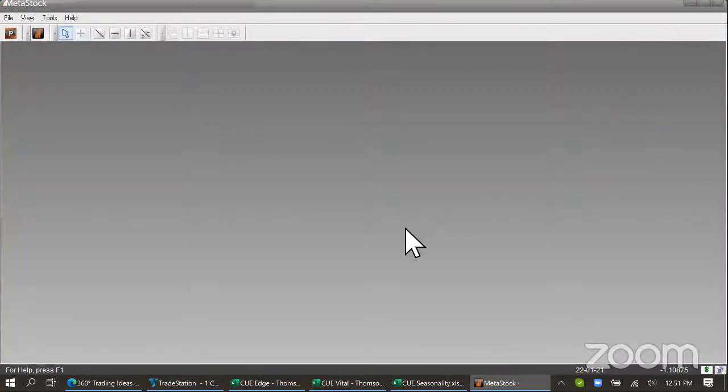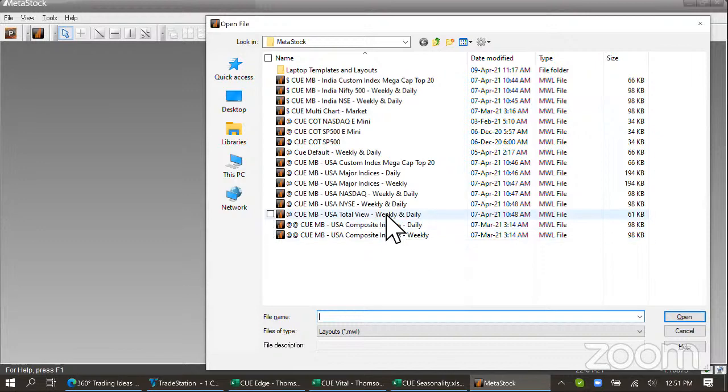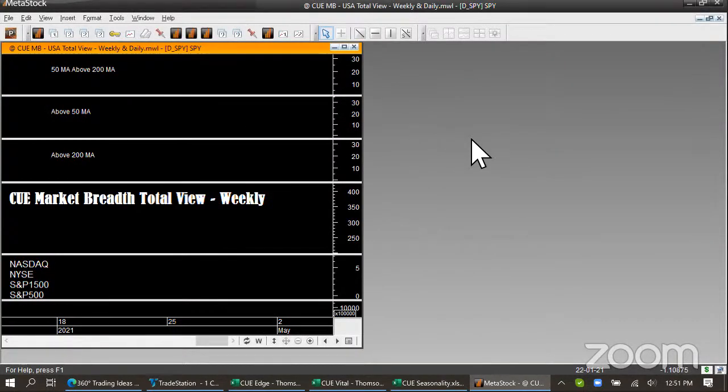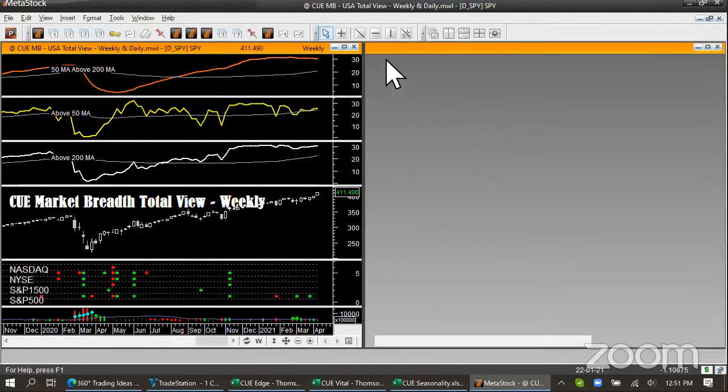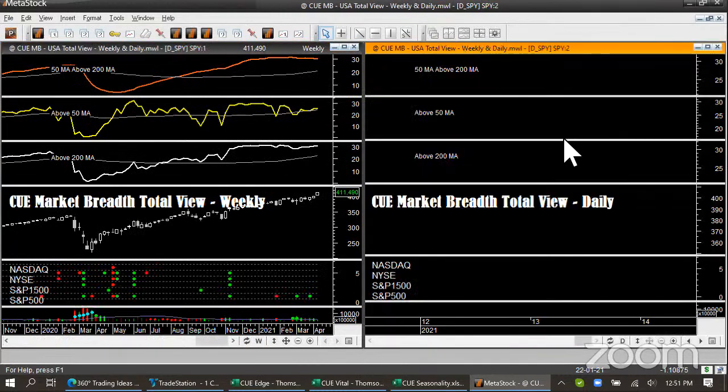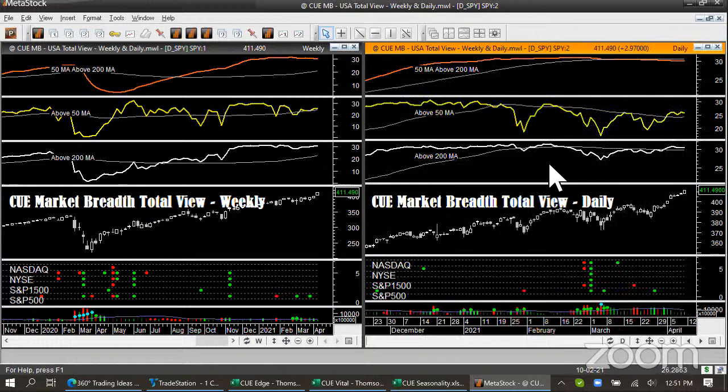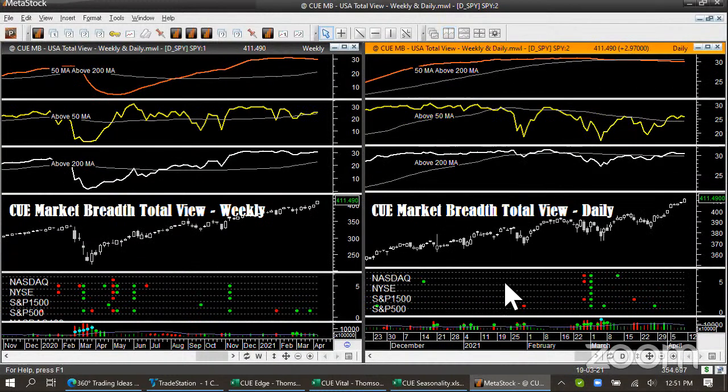And if we are anticipating any price drop, sharp drop, we could often decipher that from the market breadth total view that shows the picture of the two composite indices, NYSE Nasdaq, and four major indices, Dow Jones Industrials, Nasdaq 100, S&P 500, S&P 1500, in a single weekly daily chart.